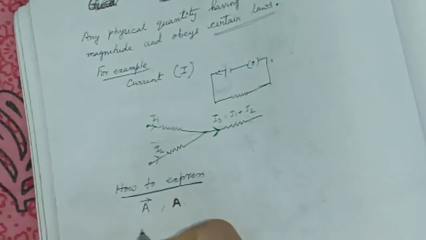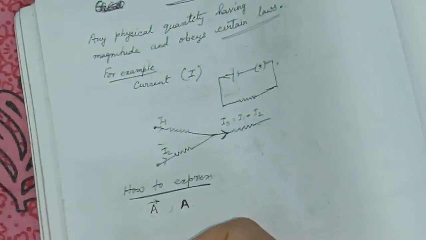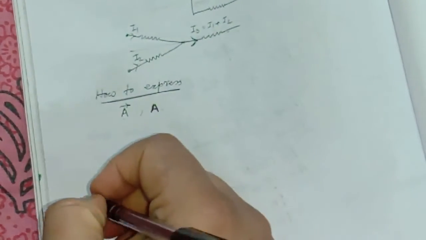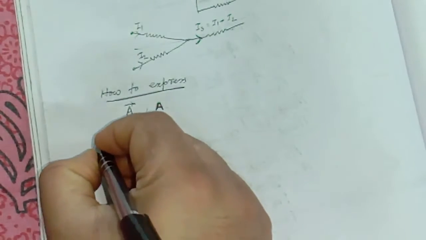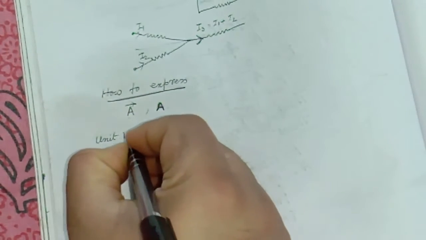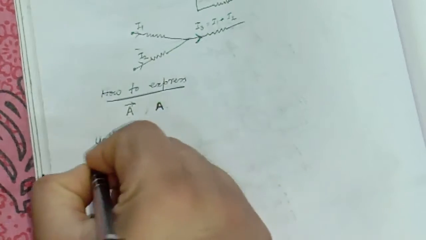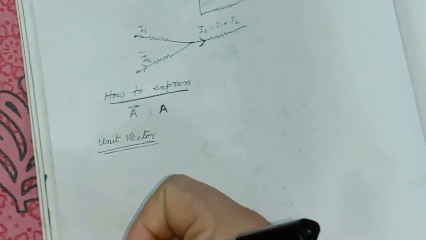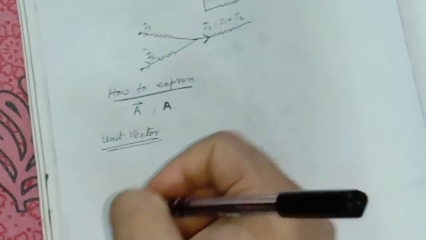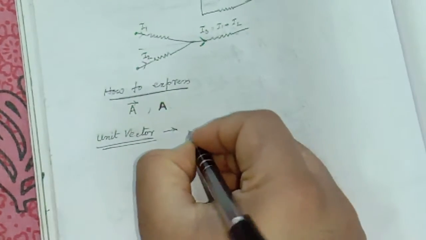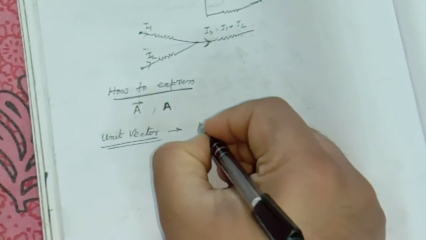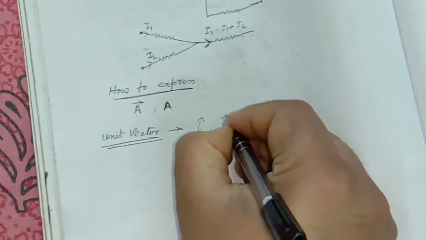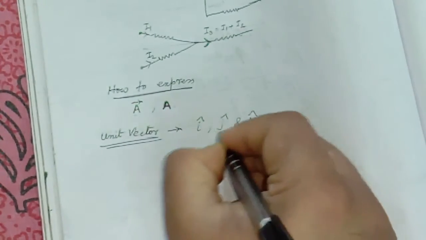Actually, there are several types of vectors. You will know gradually. I will be telling one by one, but the most important vector is the unit vector. What is a unit vector? We know generally there are three unit vectors: i cap, j cap and k cap.